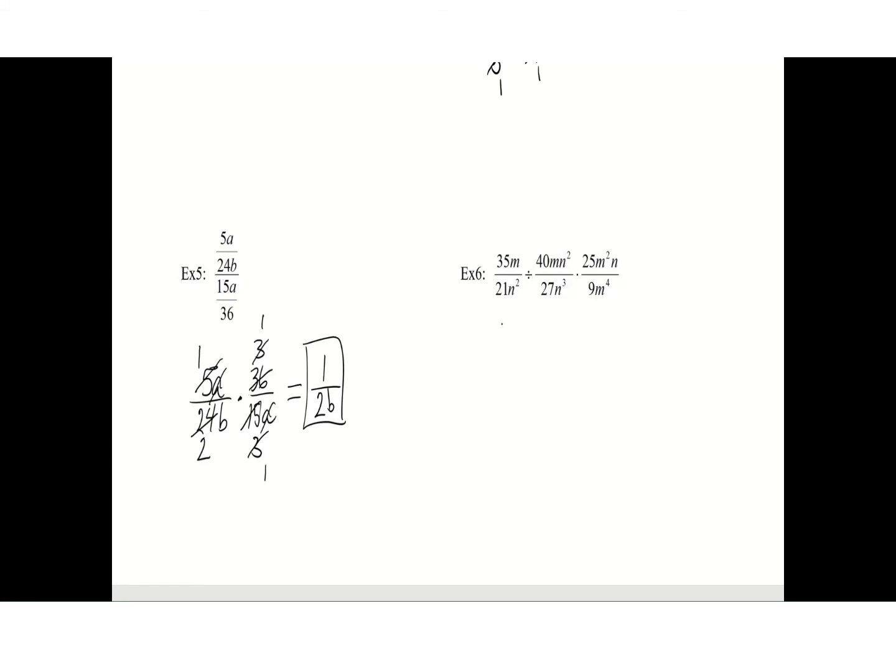So we need to rewrite this one as 35m over 21n squared times 27n cubed over 40mn squared times 25m squared n over 9m to the fourth.